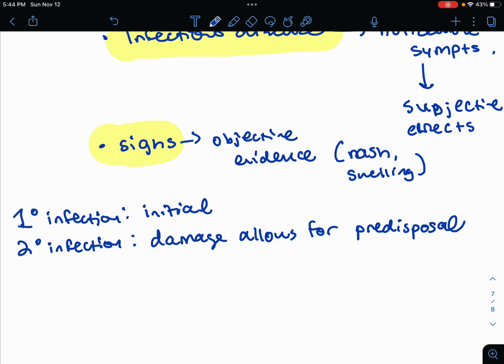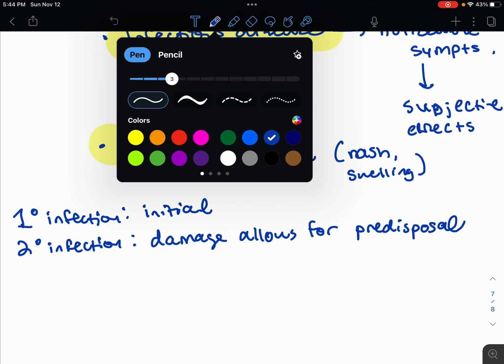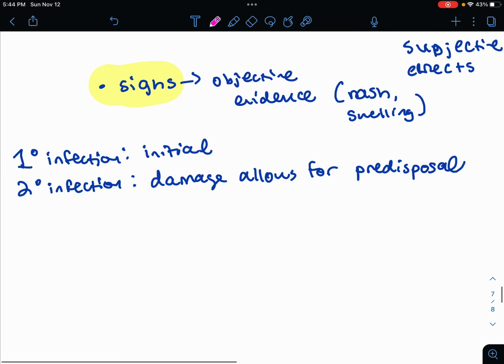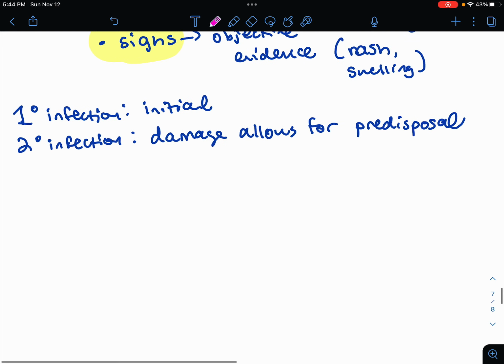Right, so now we've talked about primary and secondary infection. Let's talk about primary pathogens. This whole section is also on pathogen virulence, so that's kind of like the potency or their ability to make you sick. So primary pathogens.